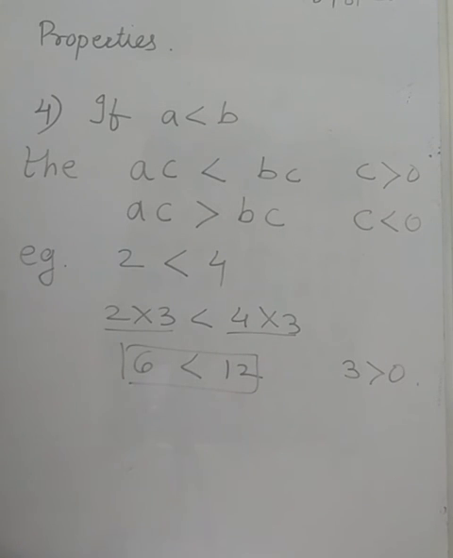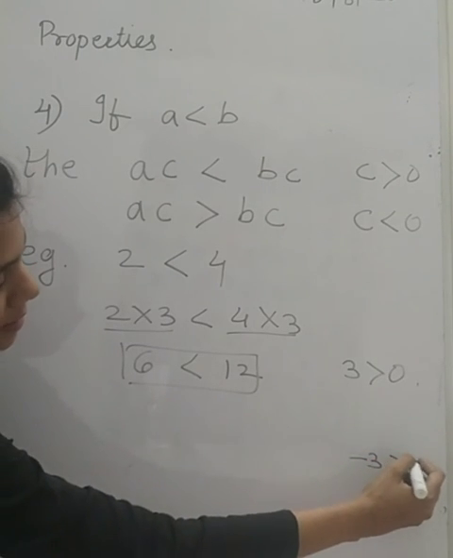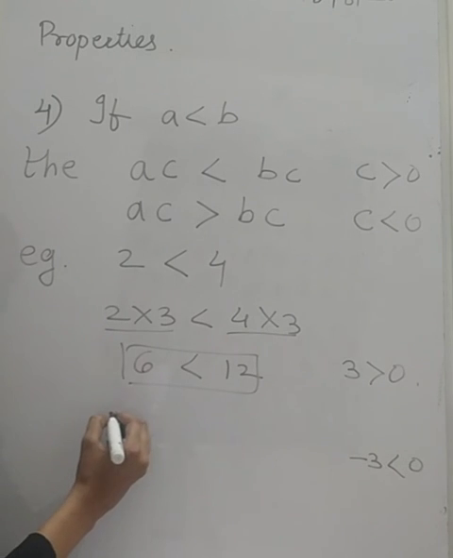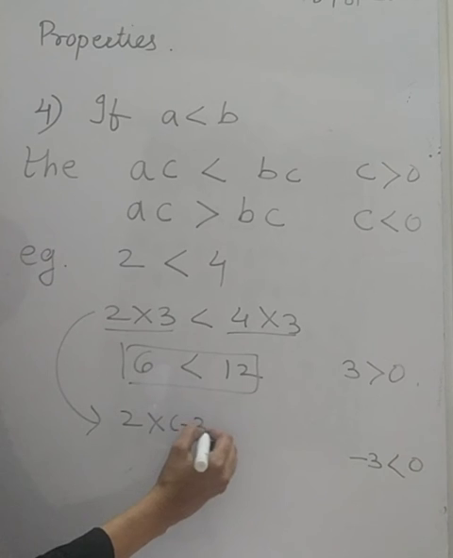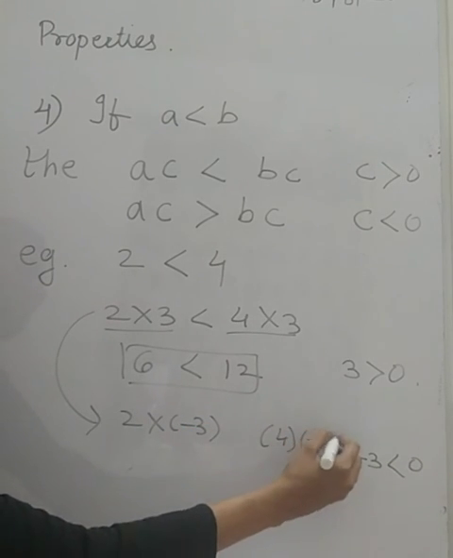And now let's take where C is less than 0, that means let's take minus 3, which is less than 0. So let's see what happens. This will become 2 multiplied by minus 3 and 4 multiplied by minus 3.